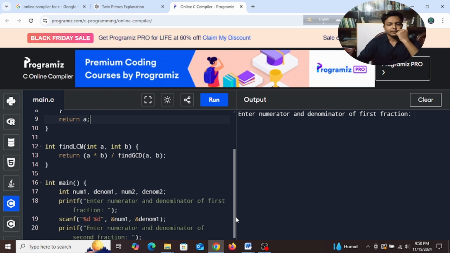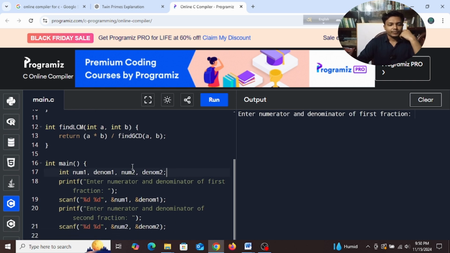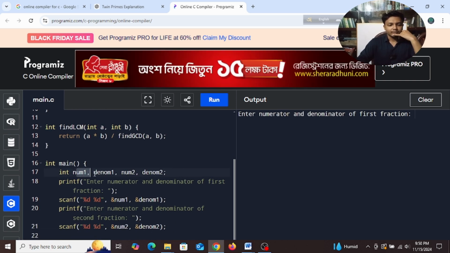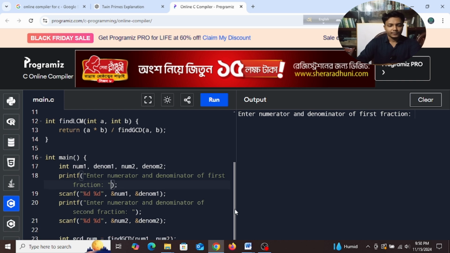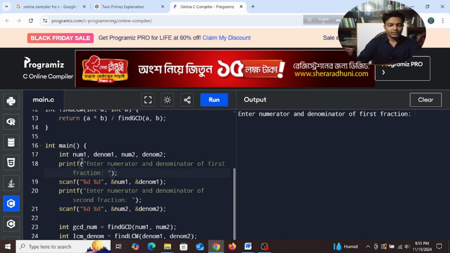You see here, we have four variables: number 1, denominator 1, number 2, denominator 2. We are saying enter numerator and denominator of the first fraction. The first fraction would be like 8 by 12, right?